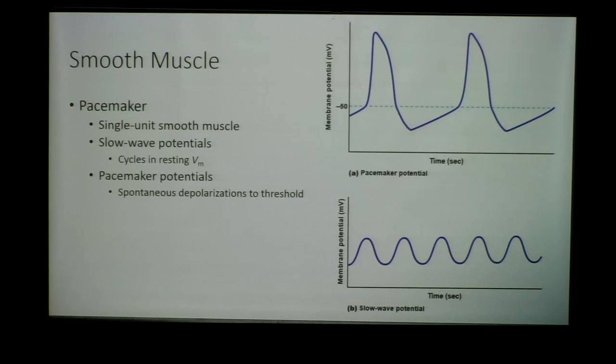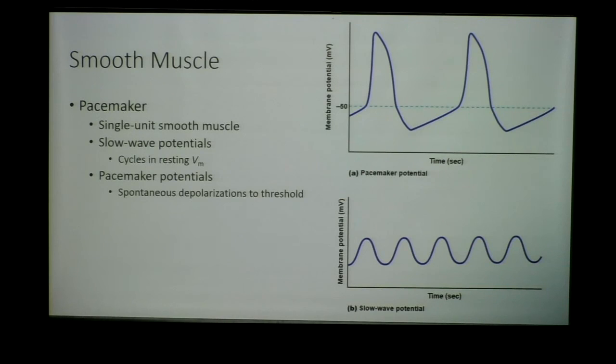All right, now in terms of smooth muscle, in terms of pacemaker potentials, smooth muscle, specifically the single unit smooth muscle, we also see this with cardiac muscle. We'll talk a lot about it going forward, but these cells have the ability to spontaneously depolarize. And when I say spontaneously depolarize, in the absence of hormonal stimulation, in the absence of chemical stimulation or neural stimulation, these cells can spontaneously fire an action potential.